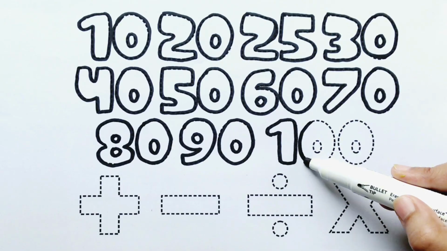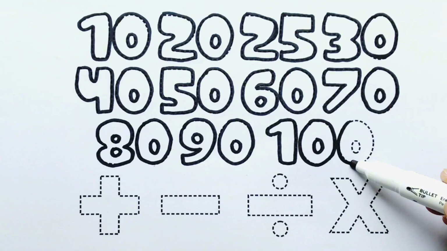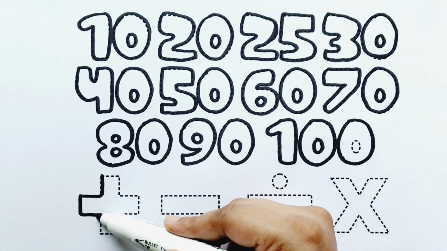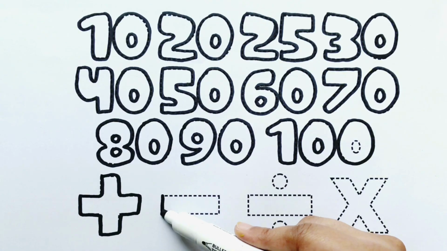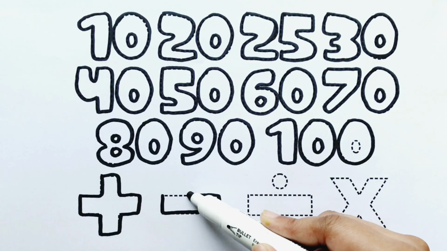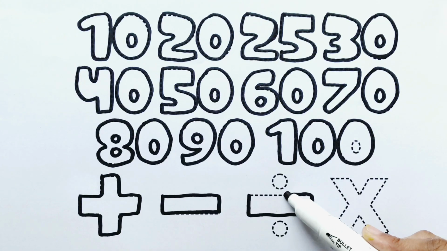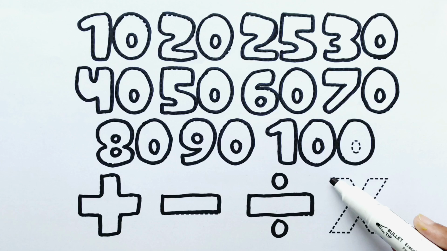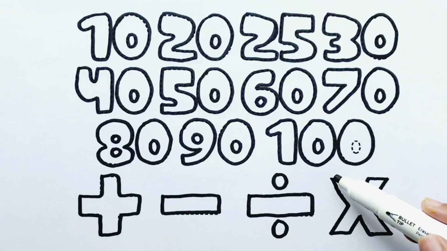Y, and Z. Now I know my ABCs. Next time won't you sing with Plus, A, B, C, D, E, F, G, minus, I, J, K, L, M, N, O, P, Q, R, S, T, divide W, X, Y, and Z. Now I and multiply. ABCs. Next time won't you sing?